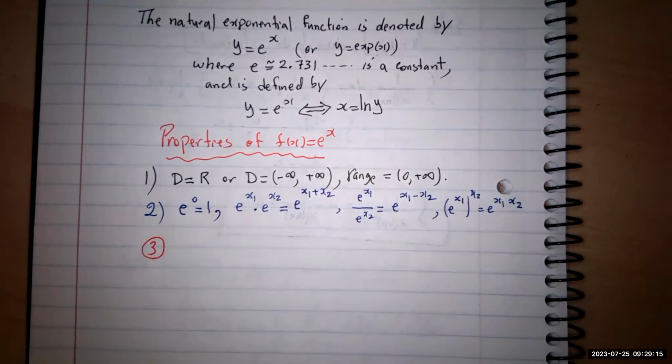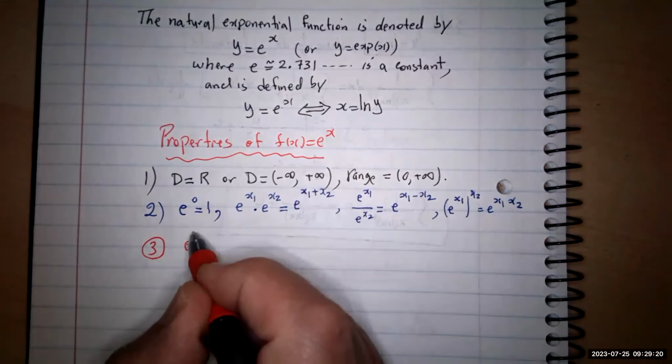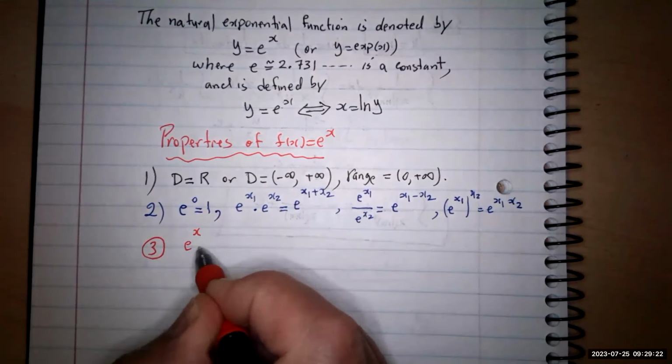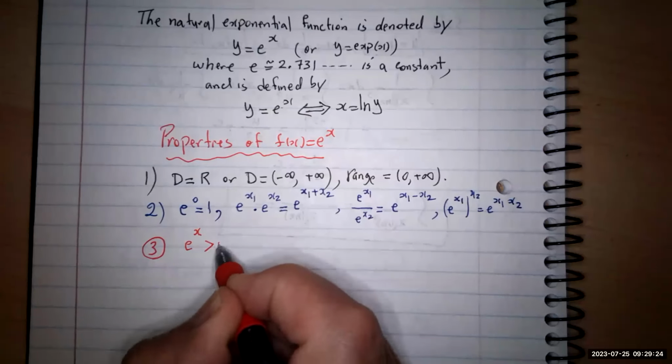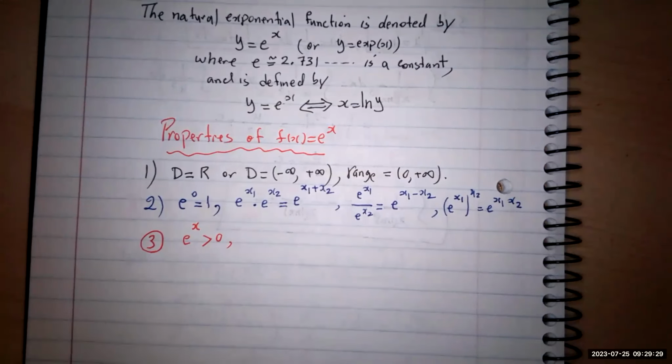The property that you remember all the time is that e to the x, as we talk about the range, but I just emphasize again, e to the x is always positive, because e is a positive number. That's one.